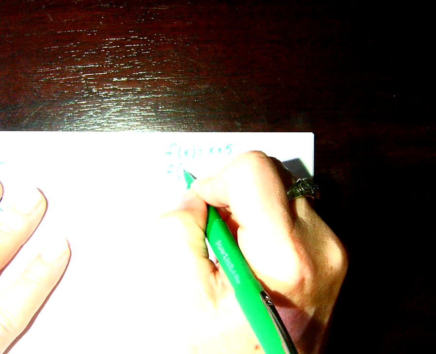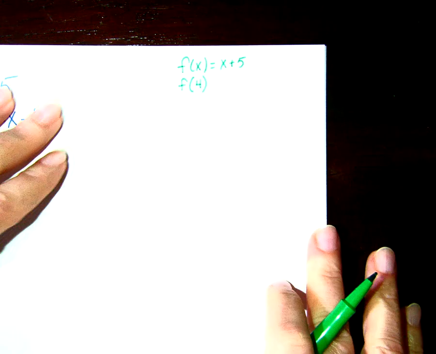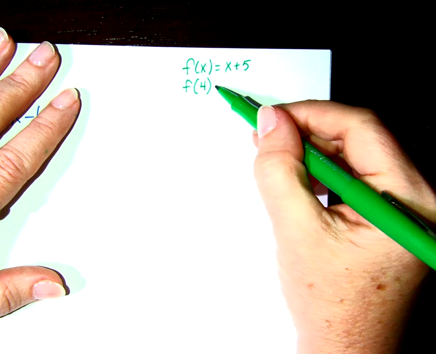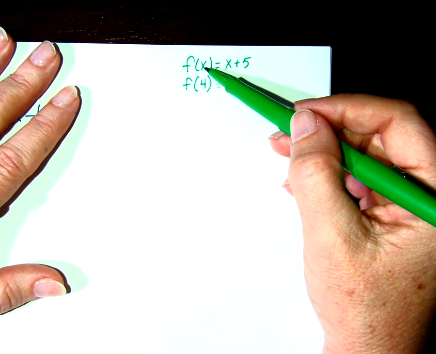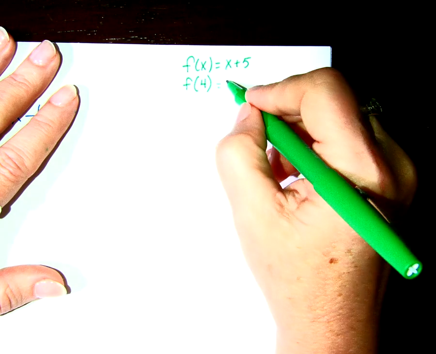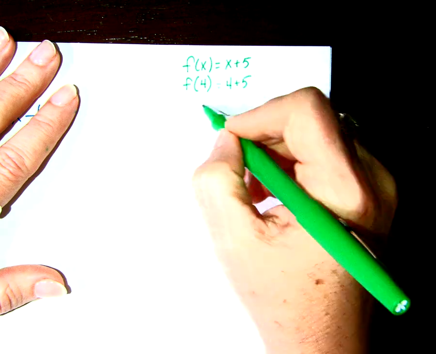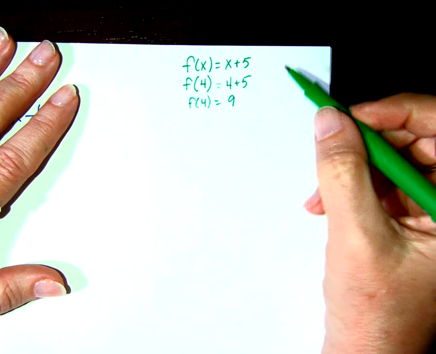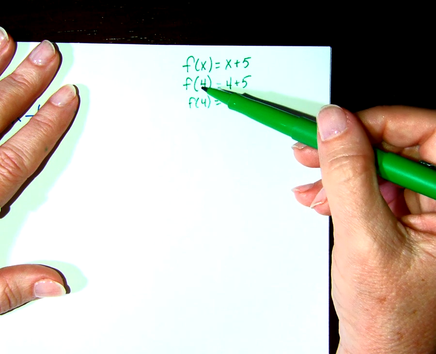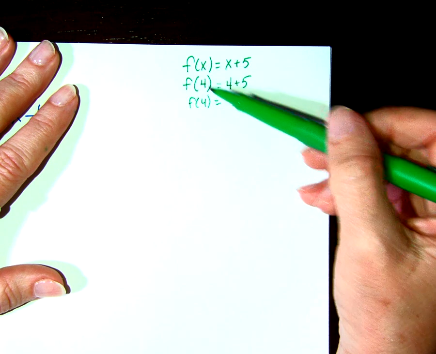If I tell you f of x is x plus 5, and I ask for f of 4, what am I asking you to do? Anywhere there's an x, I put in a 4, right? So 4 plus 5, what is f of 4? 9. So because I wrote f of 4, that means anywhere there's an x, I put in a 4.